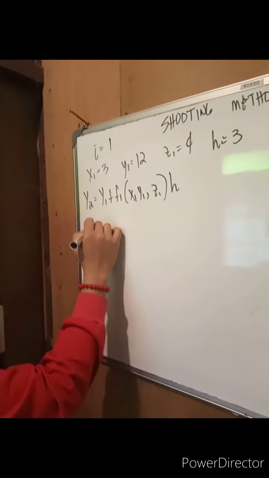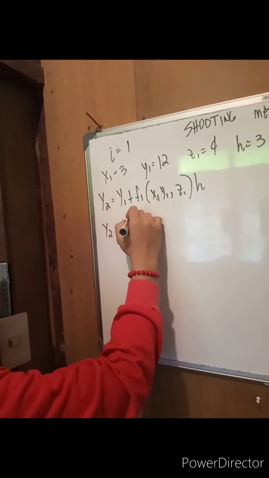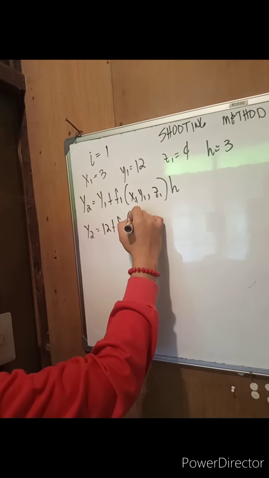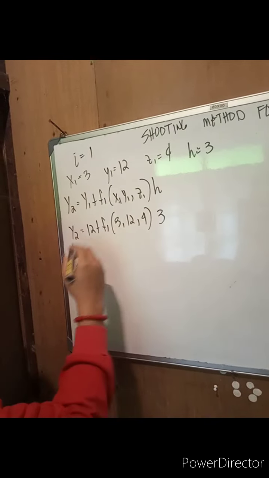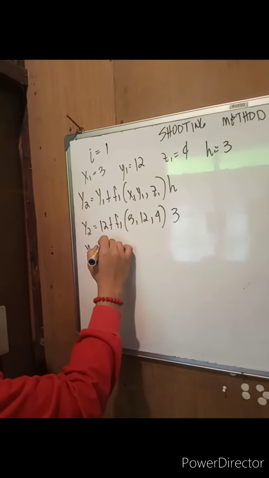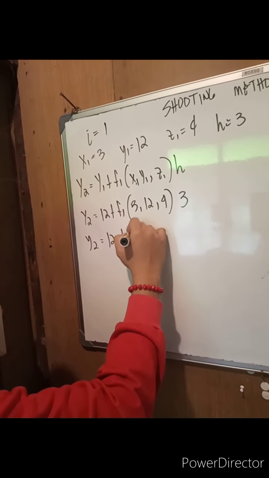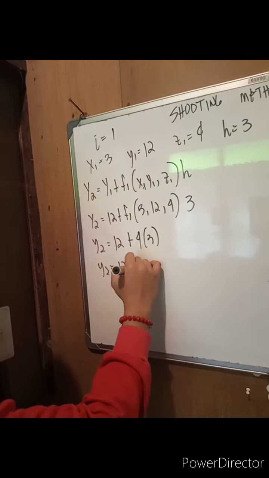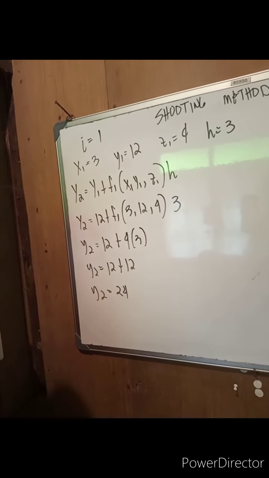So y sub 2 is equal to y sub 1 natin na 12 plus function ng 1 times (x sub 1 natin is 3, 12, 4), height natin 3. So y sub 2 is equal to 12 plus function natin is 4 lang, 4 times 3. Y sub 2 is equal to 12 plus 12. Y sub 2 natin is equal to 24.